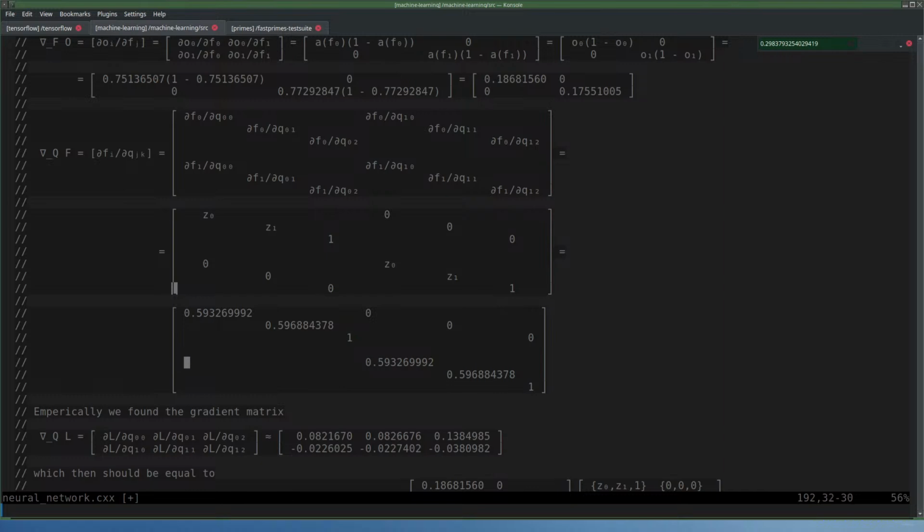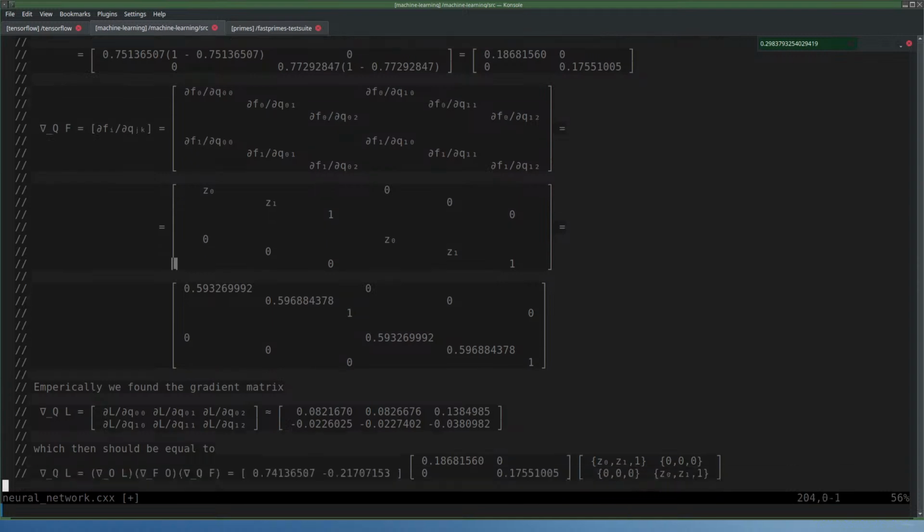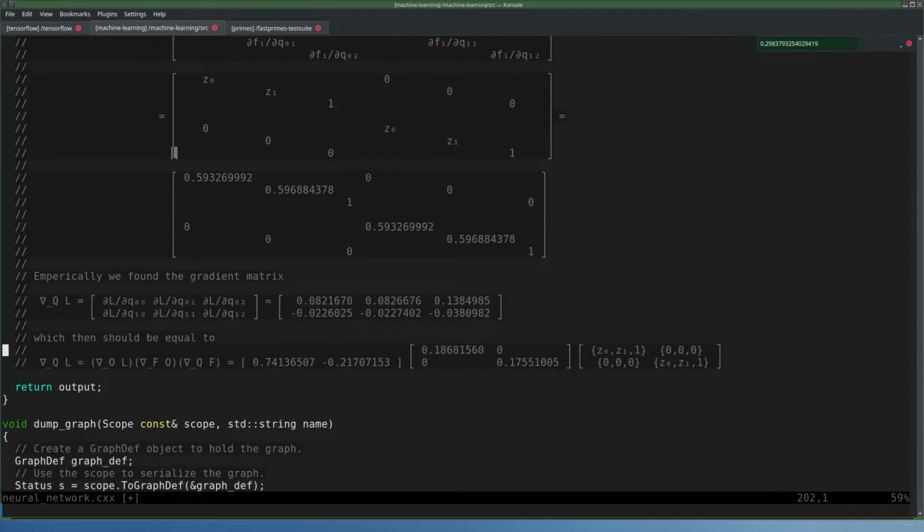And then I get 3 more zeros here. I think I should just use the numbers here. So Z0 is that one. Z1 is that one. And same thing here. Yeah, well, it's not going to fit on my monitor.